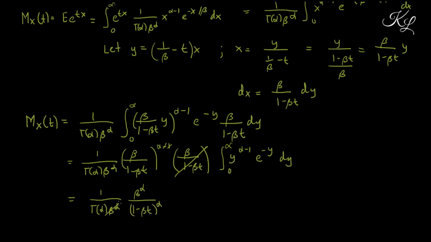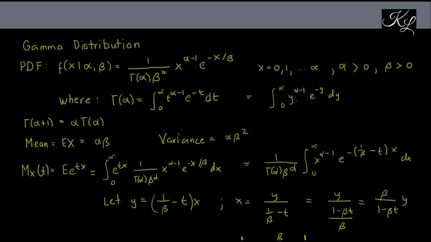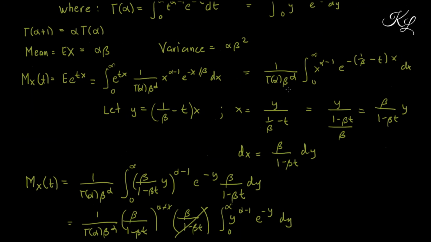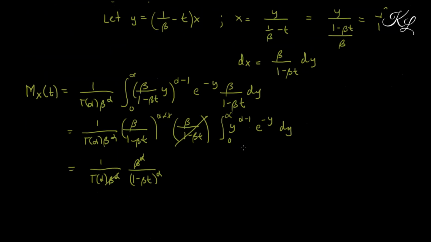Actually, this beta raised to alpha are cancelled, so we get here, if we compare this one in here, they are the same, so we can change this one into gamma of alpha. This is gamma of alpha, so we'll get gamma of alpha. But gamma of alpha is in here and here, we can cancel them out. So we're left with 1 over 1 minus beta t. This is raised to alpha, which is our moment generating function.